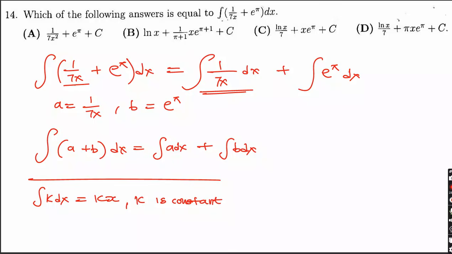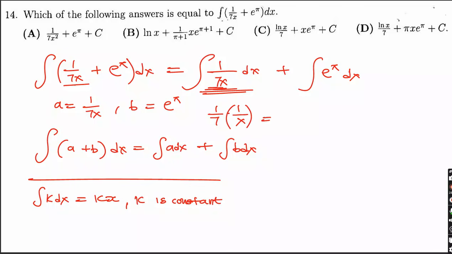So in this case, we are going to factor out 1 over 7, because 1 over 7x can also be written as 1 over 7 times 1 over x, because when we multiply it out, we go back to this.